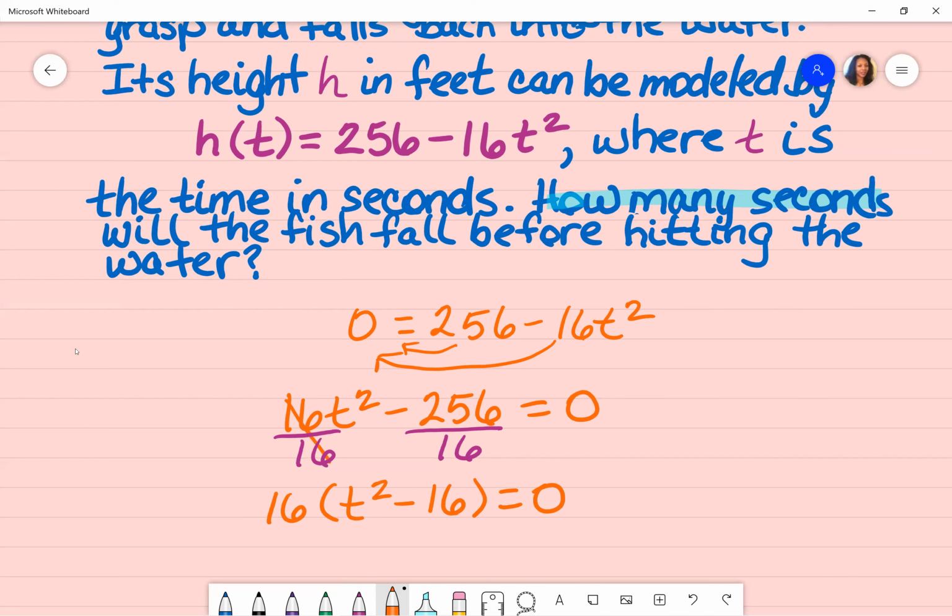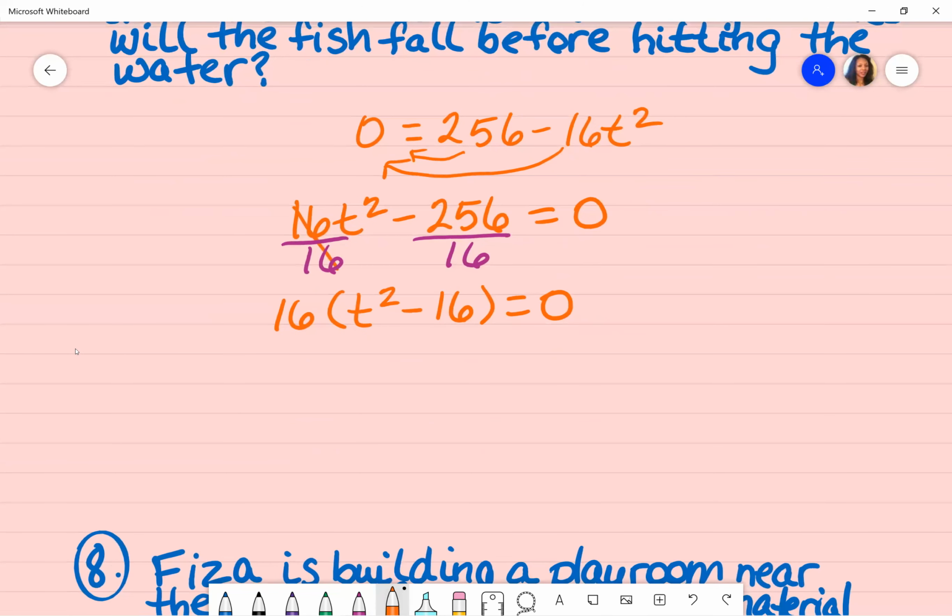Set that equal to 0. And I notice that I have what's called a difference of two squares, meaning there's a minus sign in the middle of two terms. And those two terms, I can actually take the square root of. The square root of t squared is simply t. The square root of 16 is plus or minus 4.